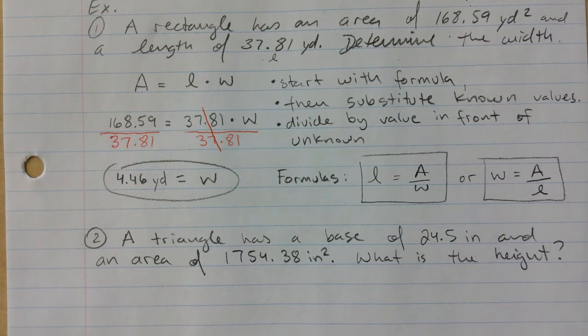A triangle has a base of 24.5 inches and an area of 1754.38 squared inches. What is the height?